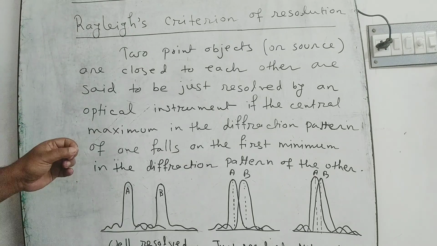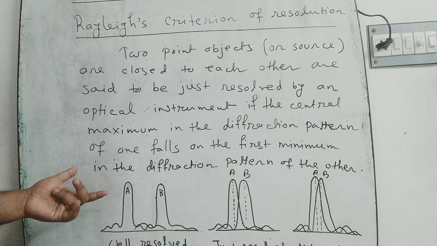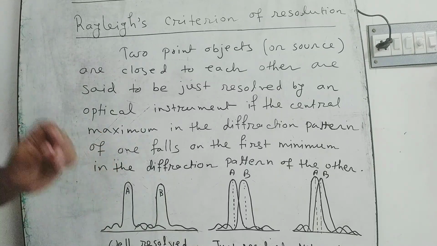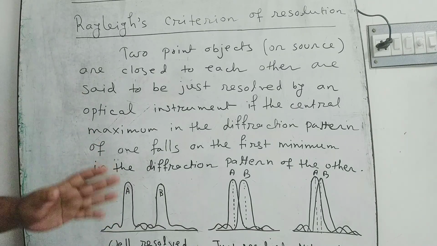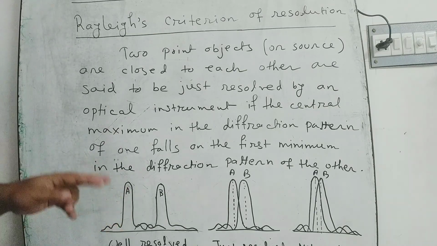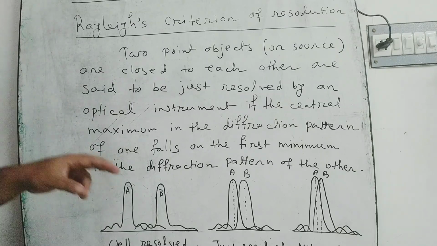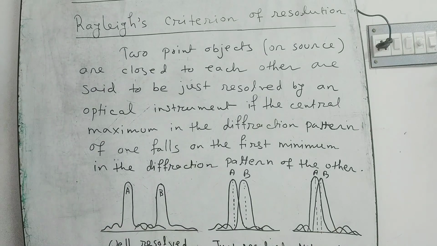That is, if the central maximum of one point source just overlaps with the first minimum of the diffraction pattern of the second point source, then these two points are just resolved. If the distance between them is less than this criterion, then they are not resolved.